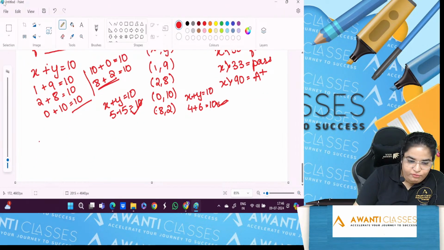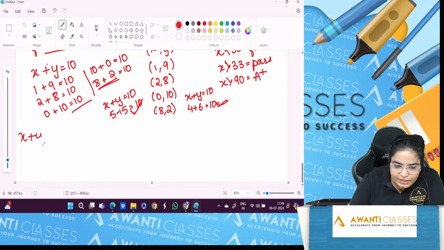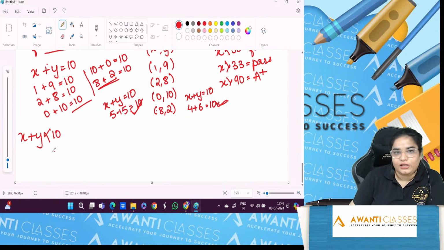If I say, for example, that x plus y should be less than 10. So, x can be 0, y can be 9. It will be less than 10, correct.